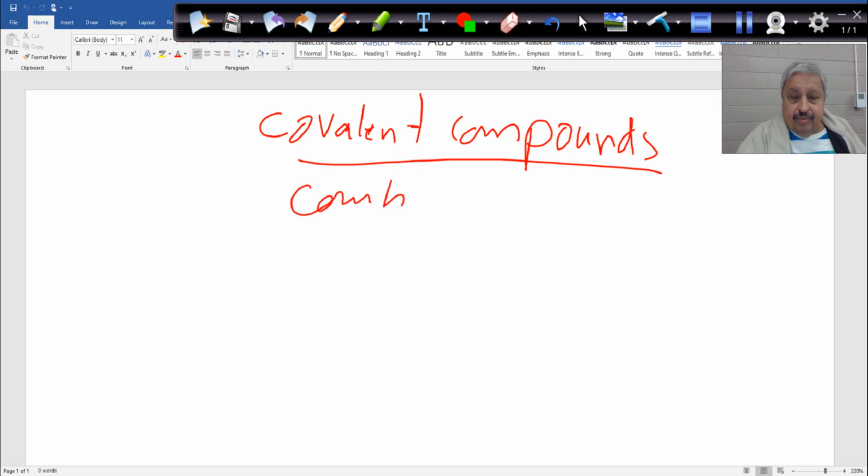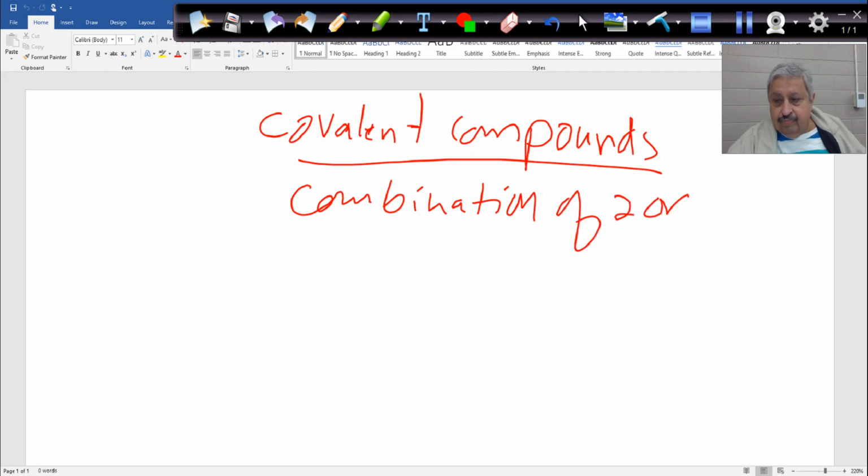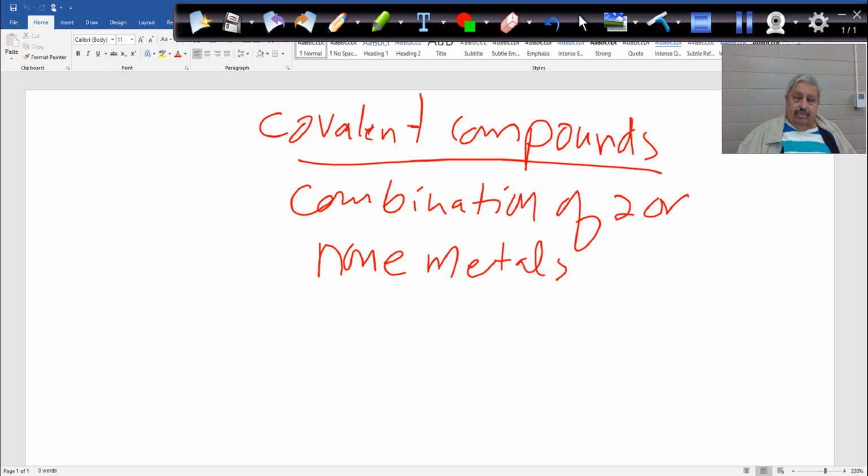Combinations of 2 or more nonmetals. So we combine nonmetals together to get this covalent compound.